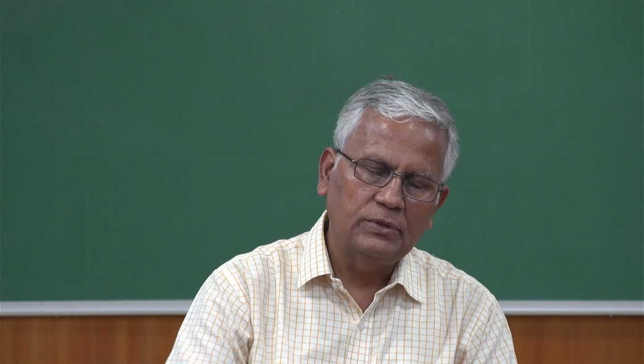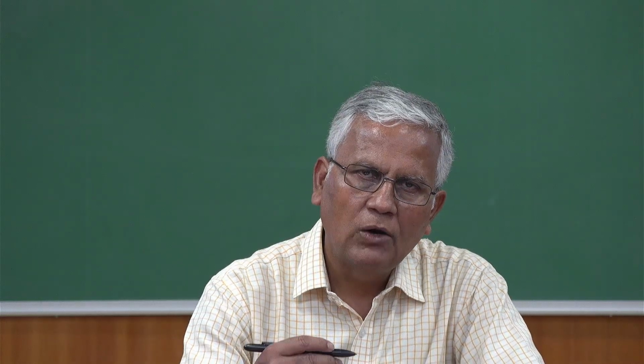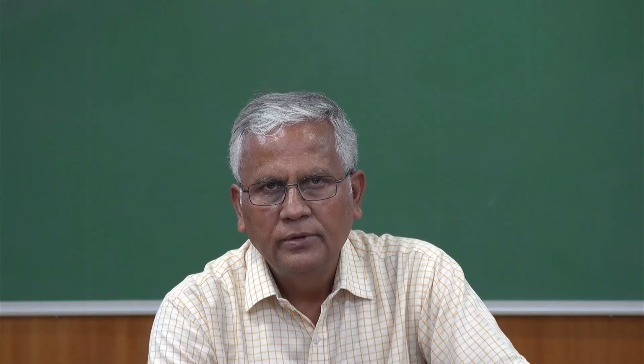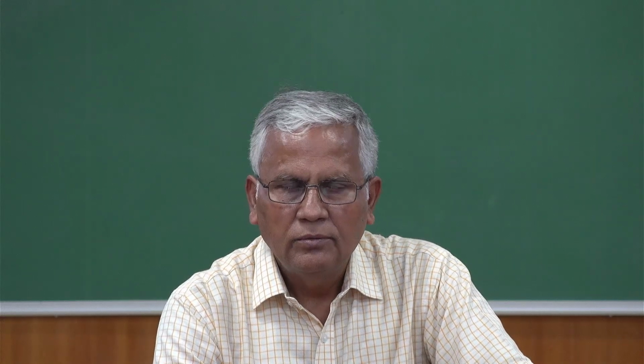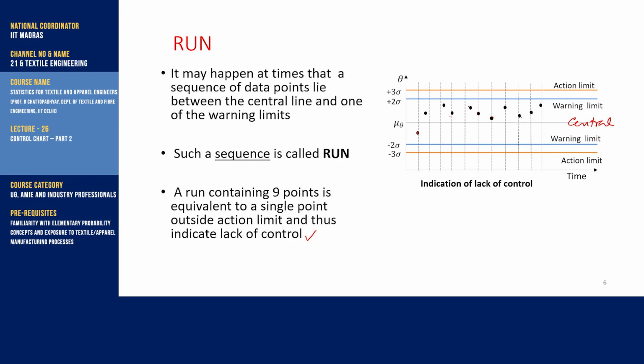See, if I am, suppose, spinning yarn of a particular count, that basically means now I have started spinning a little coarser count. So that is what may be happening. This kind of situation will also warrant that we have to stop, or we have to make some corrective action on the process so that we start getting points on both sides of the central line.